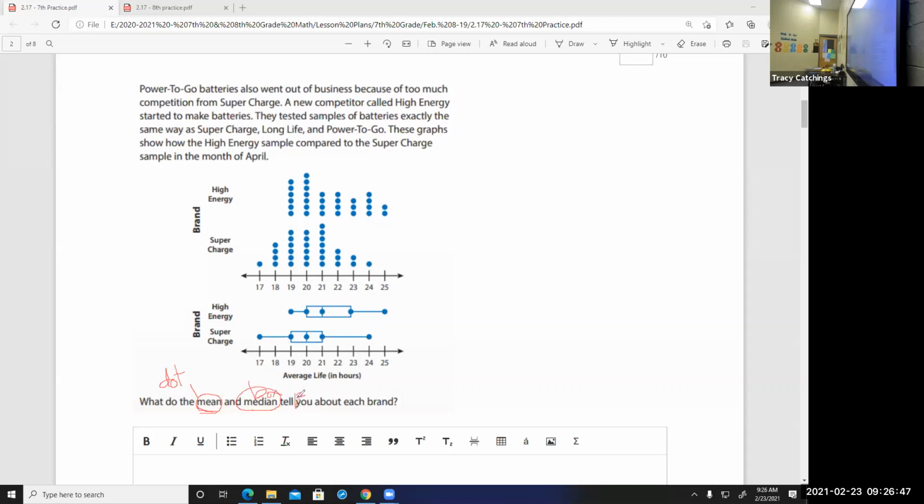So we will look at that one first because the box plot is there. Median is always your middle value in your box. So what's the median of high energy? Median of supercharged.